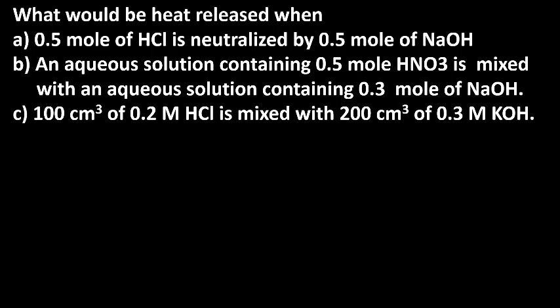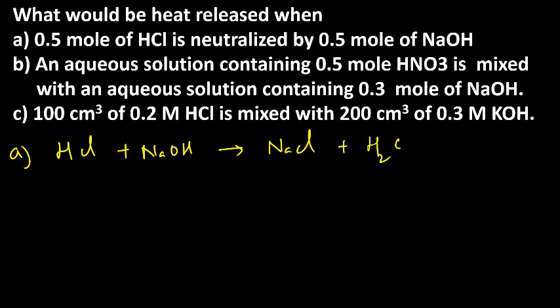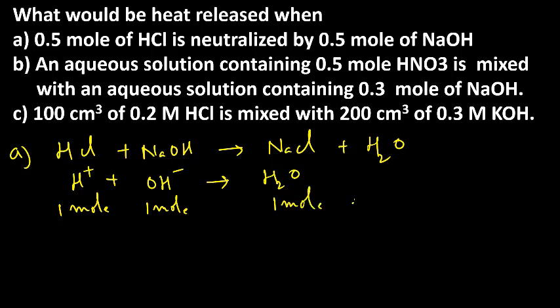So the first one is HCl plus NaOH gives NaCl plus H2O. So H+ plus OH- gives H2O. Here 1 mole of hydrogen combines with 1 mole of OH- and we get 1 mole of water. Therefore, delta H neutralization, the enthalpy of neutralization during the formation of 1 mole of water from a strong acid and strong base reaction is minus 57.1 kilojoule per mole.